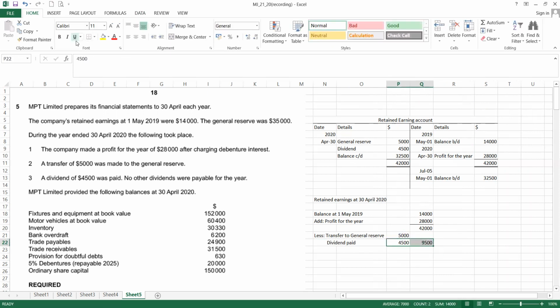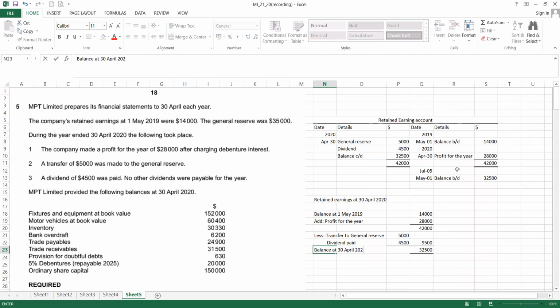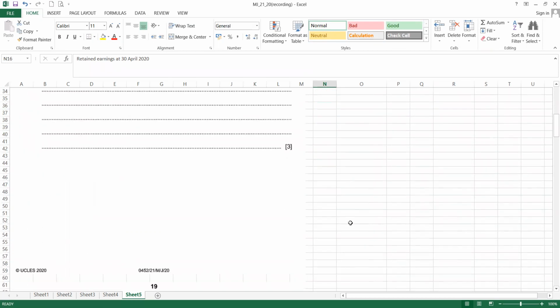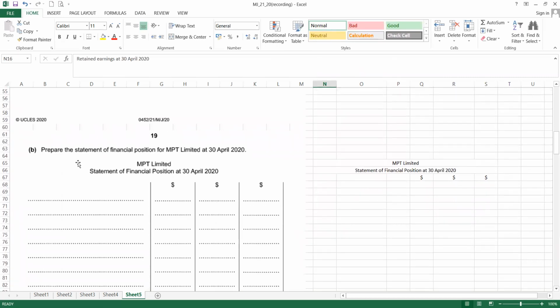Basically, in the calculation method, we normally start with the add first, and after that, we less. Now here we put the balance at 30th April 2020. That is how we calculate retained earnings. The calculation method is the statement method, and the ledger method is the T account method. So let's continue. They asked to prepare the statement of financial position.